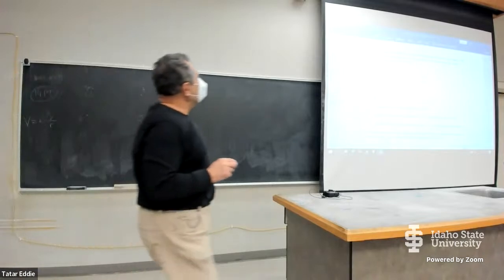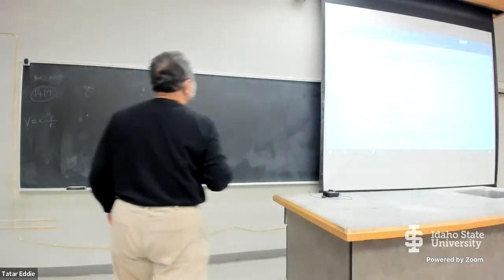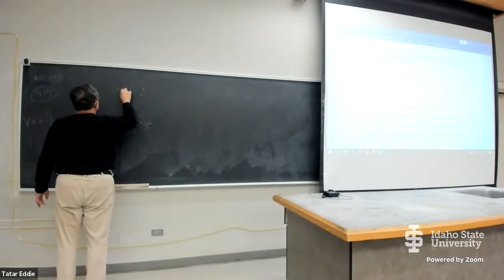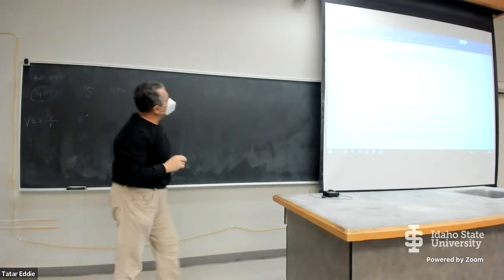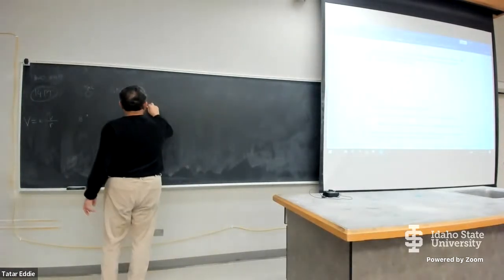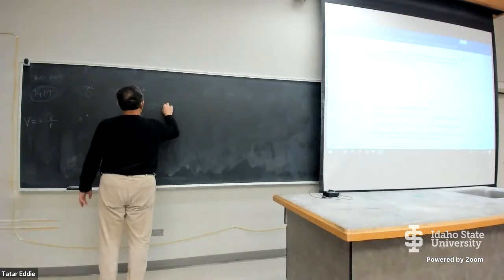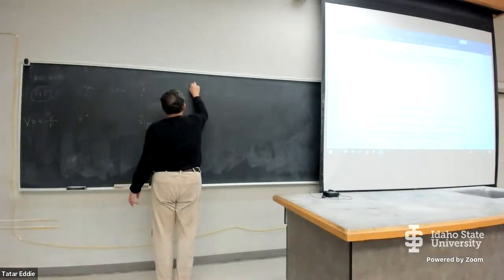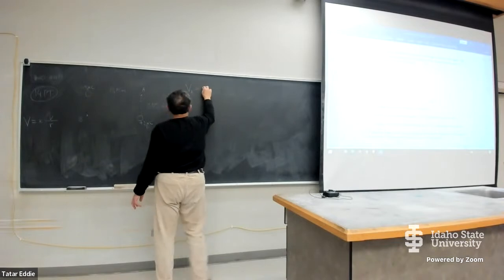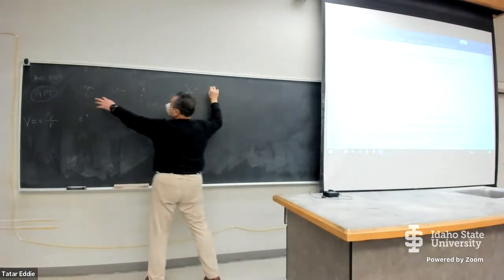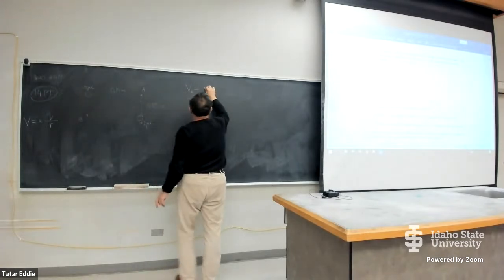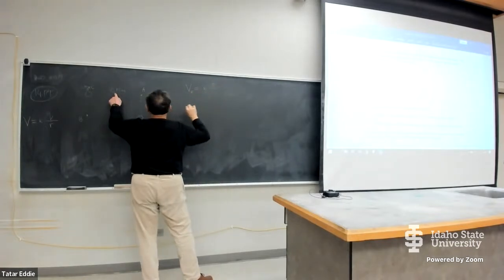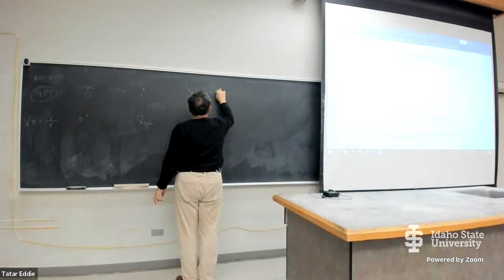So they say that this is 0.15 meters. This one is 0.05 meters. So the potential at point A is going to be, well, the part that is generated by the -5 is going to be k times -5 divided by this distance, 0.15.